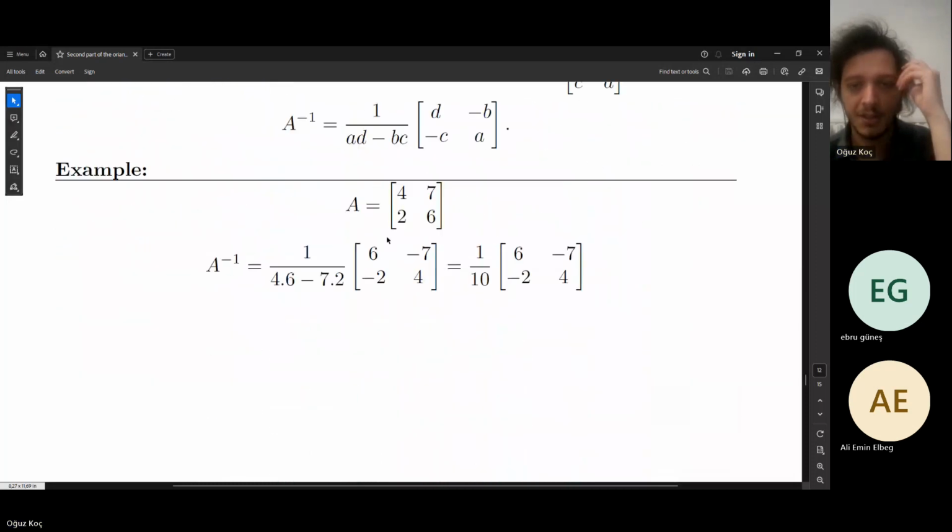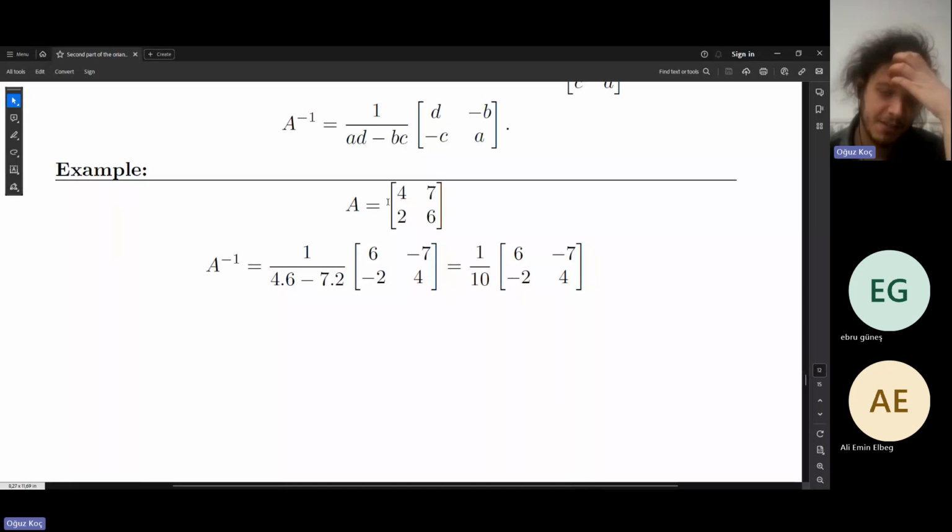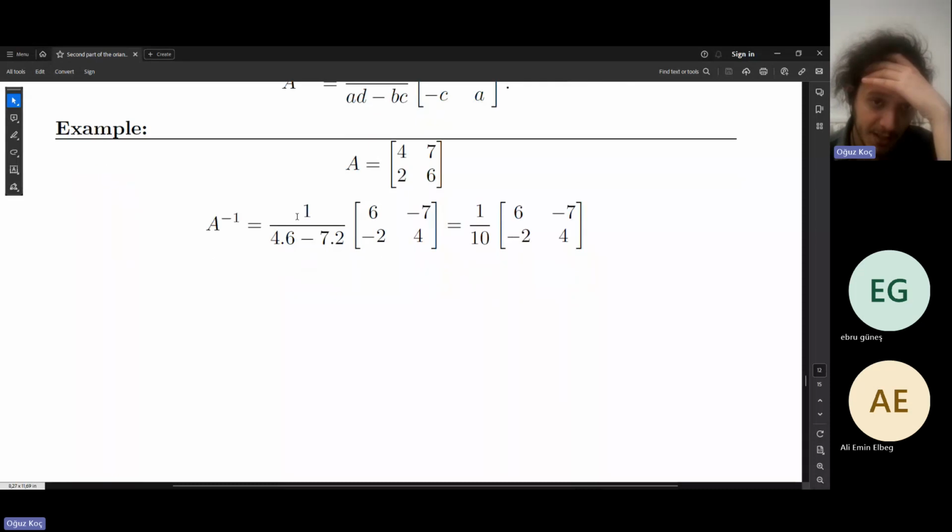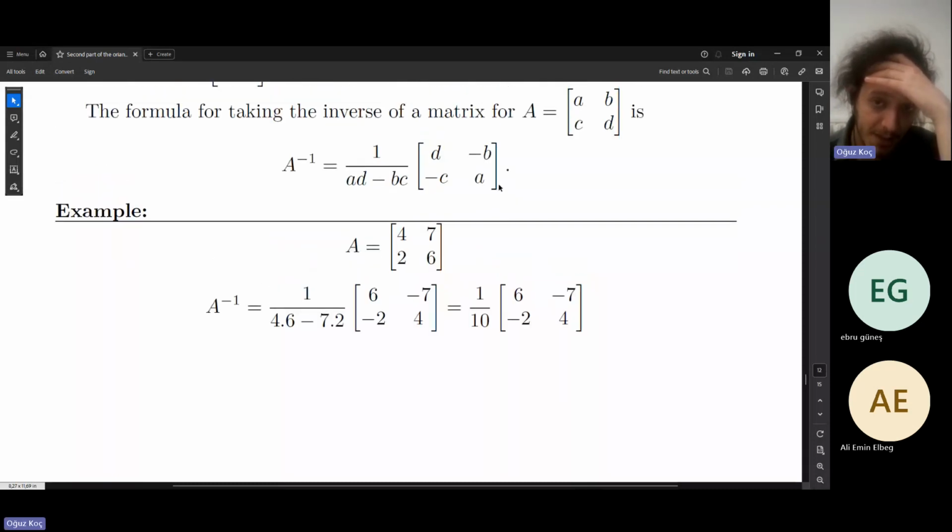For this, we have an example. Let's say we have a matrix A with the elements 4, 7, 2, and 6. By calculating this formula, we can calculate the inverse of A. We know that the formula starts with 1 over a times d minus b times c. a was 4 and d was 6. Therefore, 4 times 6 minus this element and this element.